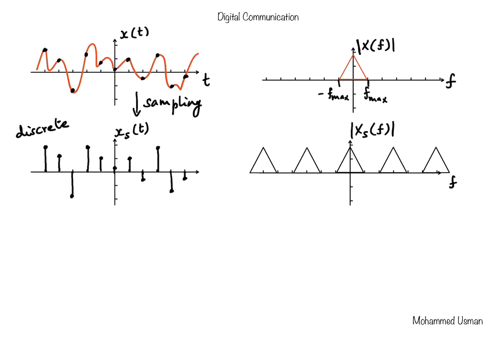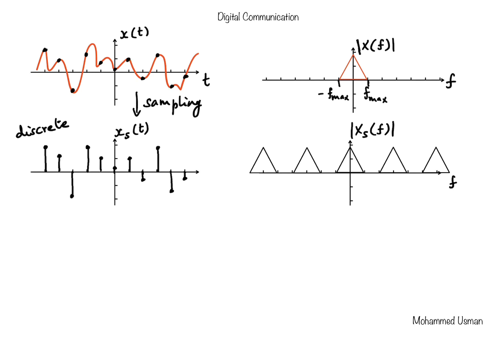So the magnitude spectrum of the sampled signal is denoted Xs of f, and the corresponding notation for the time domain representation of the discrete signal is xs of t.